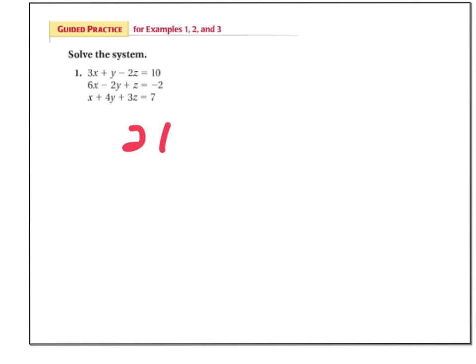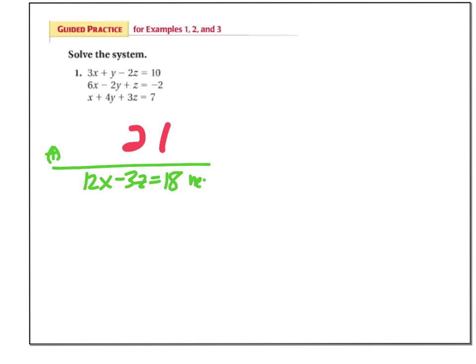Now you need to decide if you're going to add or subtract these in order to eliminate y. Hopefully you can tell that you're going to add them because your signs are different for y. So you have 6x plus 6x, that gets you 12x. Your y's you have eliminated. Then you have negative 4z plus z, which would be negative 3z. And on the right-hand side, you have 20 minus 2, which is 18.